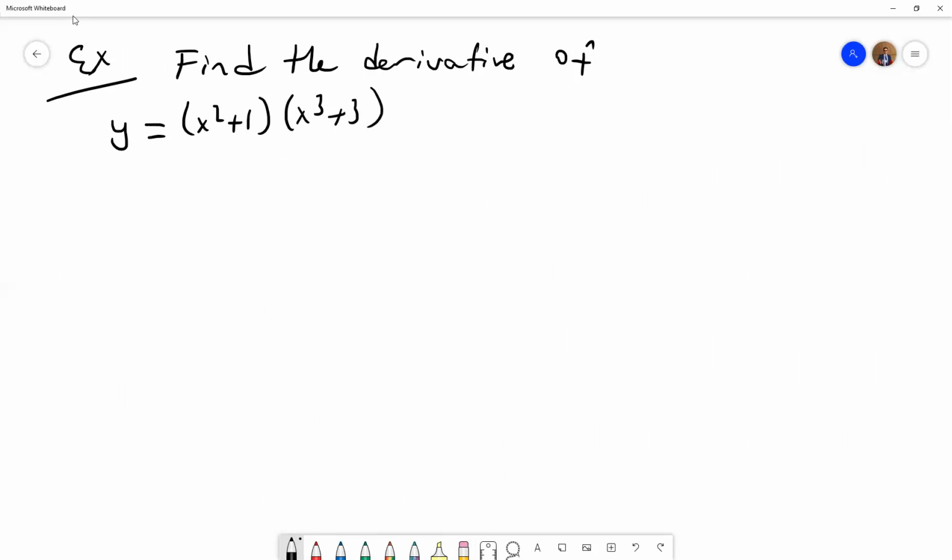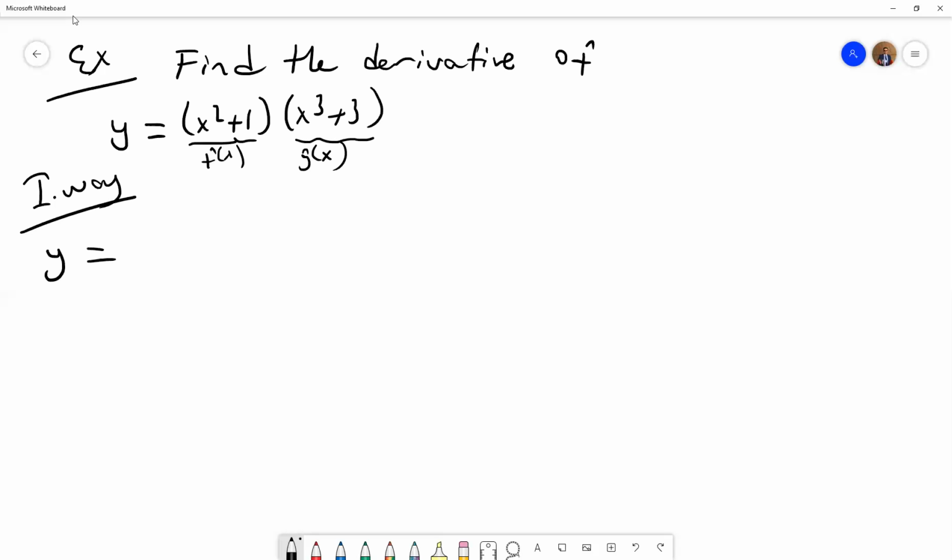Now we have two ways for this one. First way, maybe like that. We can easily multiply the two of these, maybe let's say this is f(x) and this is g(x), so we can multiply f(x) and g(x) and then find the derivative.